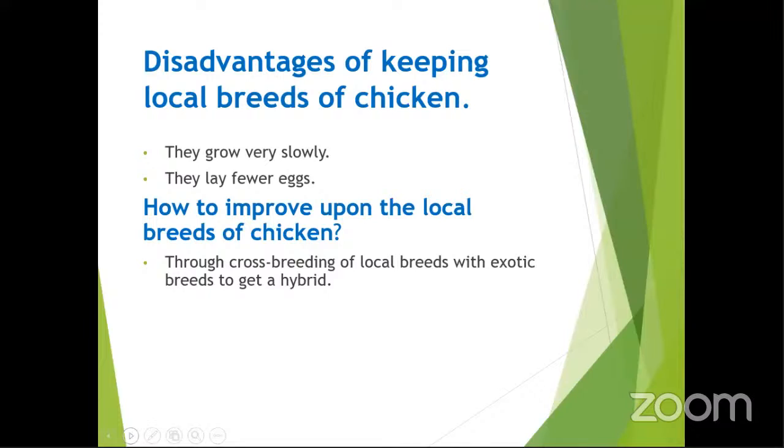So after crossbreeding, after making a local breed and the exotic breed mate, the result which will be produced will be a hybrid.